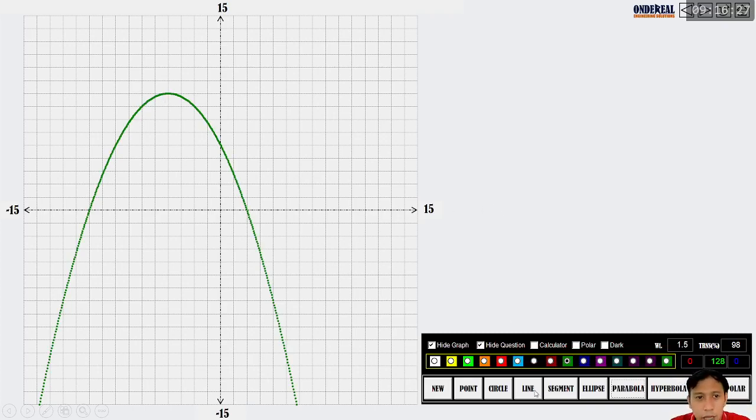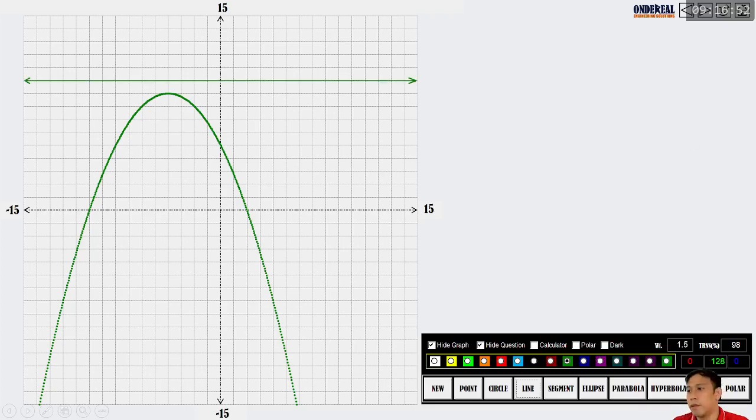Then the directrix is parallel to the x-axis, so y equal to, what did I get earlier? 10. Y equal to 10.